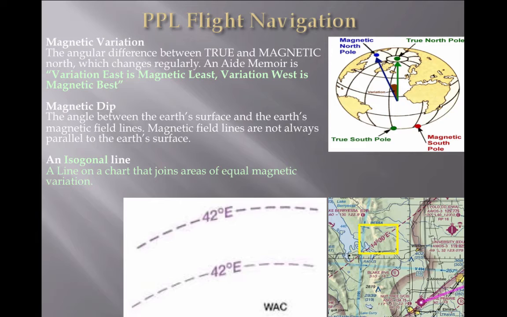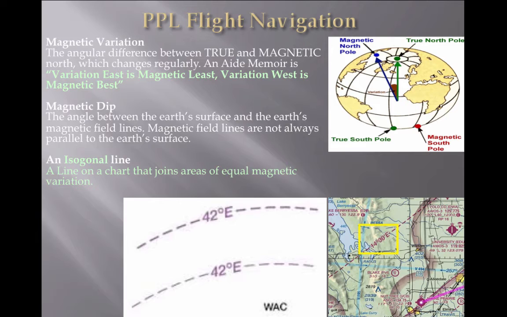An isogonal line is a line on a chart that joins areas of equal magnetic variation. If you open up your VNC charts for the North or the South Island, you'll see multiples of these running down the left and the right hand side.